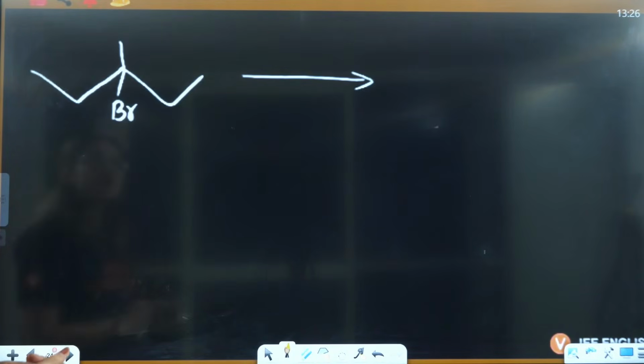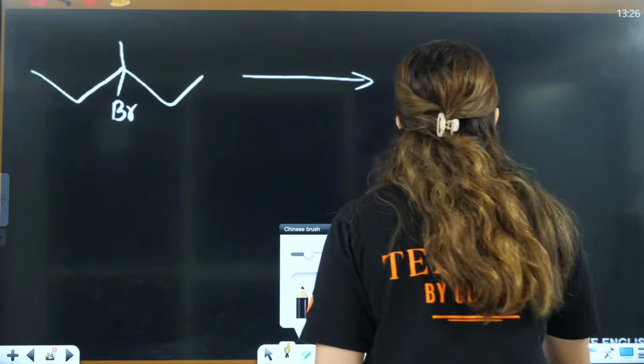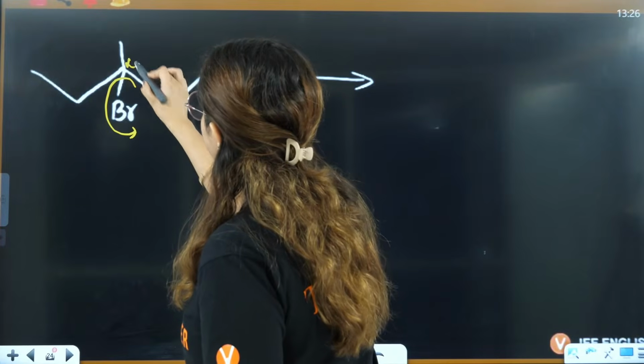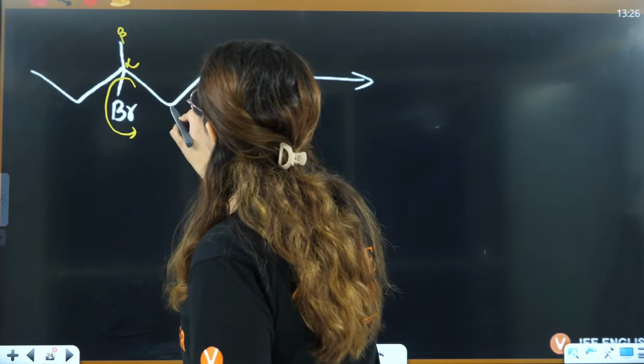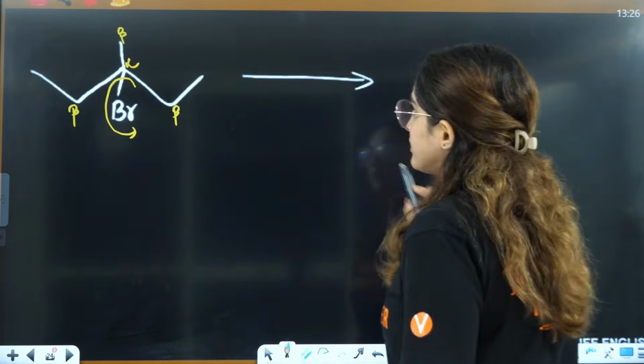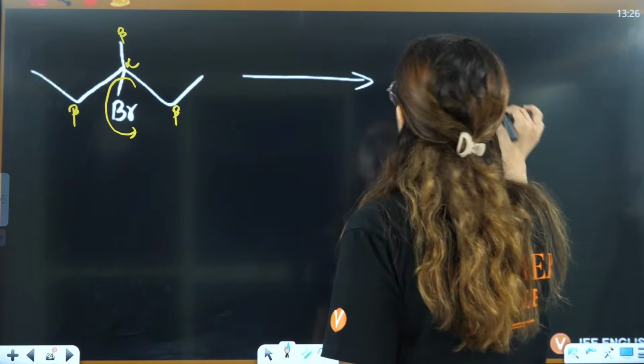Okay, now let's talk about this one, guys. See, bromine will be eliminated from here. This is alpha. So beta can be this, beta can be this, beta can be this. Now two things are possible.